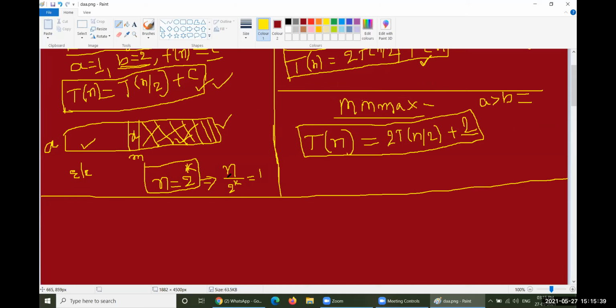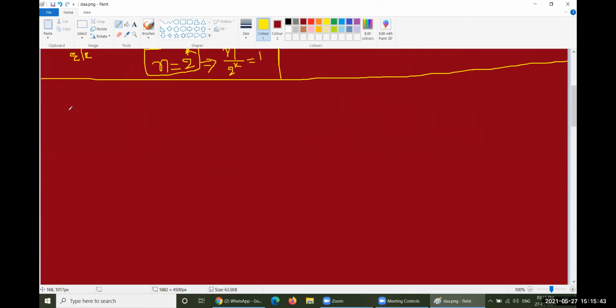Now let me copy this particular thing here. For binary search, let us see how this operates. T of n equals T of n by 2 plus c. This is equation number 1.